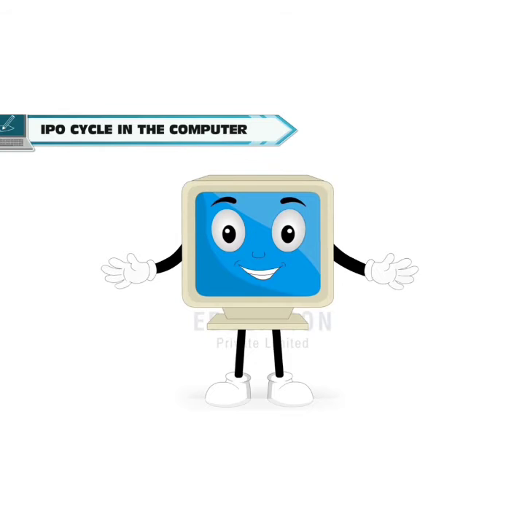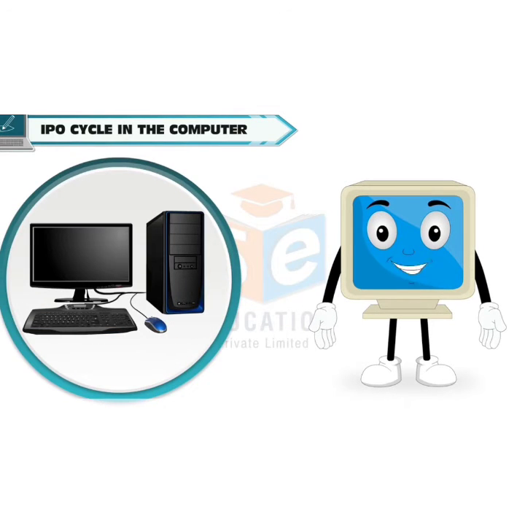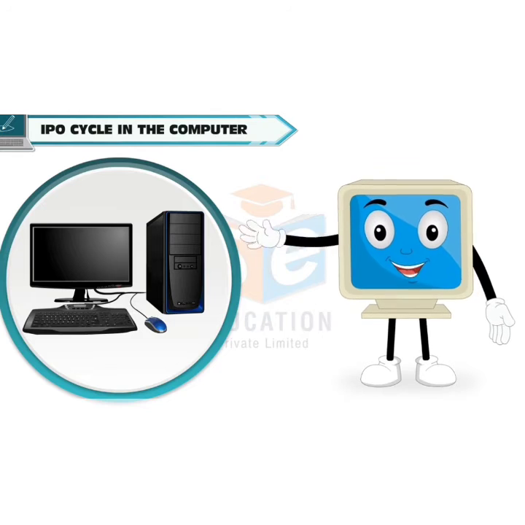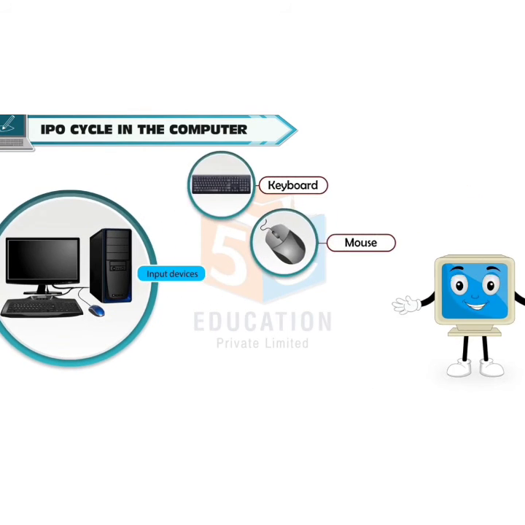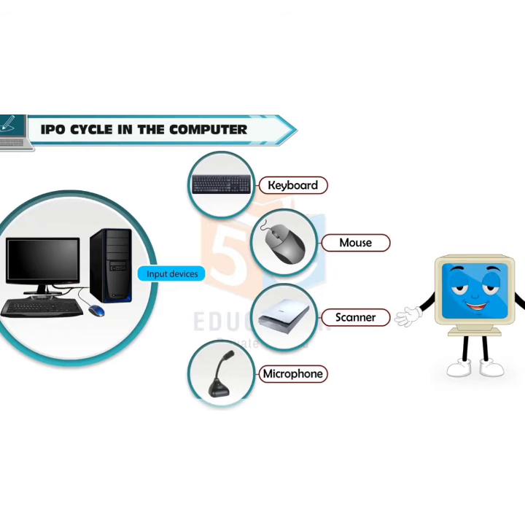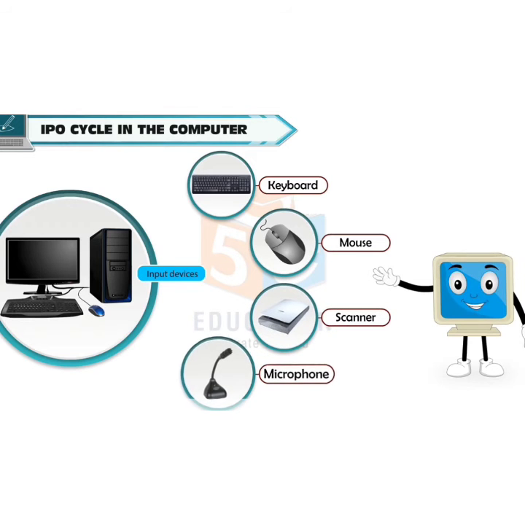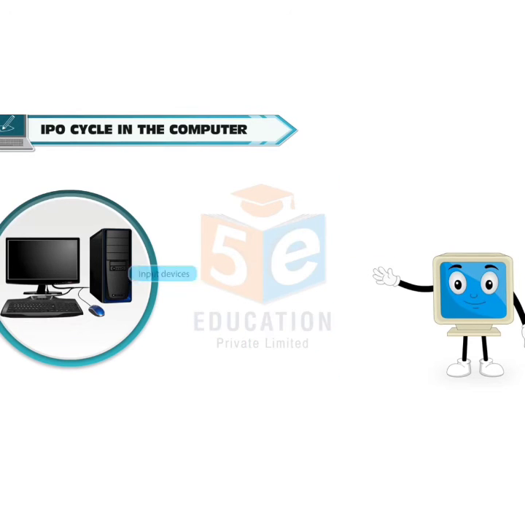What is input, process, output for a computer? Input is a way of communication with computer. We enter data and instructions into the computer as inputs. We can enter input through input devices. Input devices are keyboard, mouse, scanner, microphone, etc.